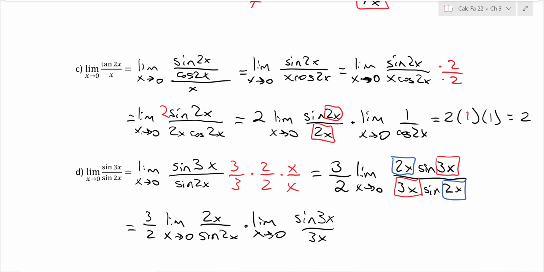And again, we're using those special limits. We can see the sine 2x argument matches that 2x in the numerator. And then the sine 3x, that argument matches the 3x in the denominator. So both of those will go to 1. So we'll have a 3/2 times 1 times 1, or 3/2 for our limit. All right, so there'll be some more practice with those in the homework, but very, very similar. You're just multiplying by 1 to introduce whatever factors you need.